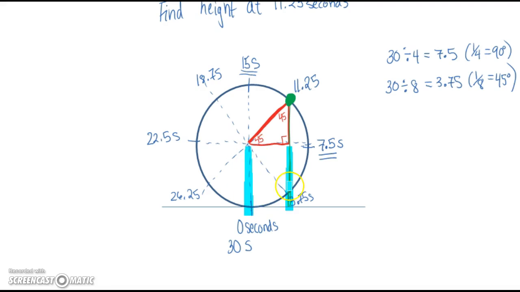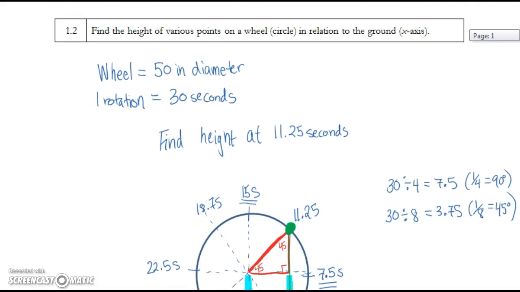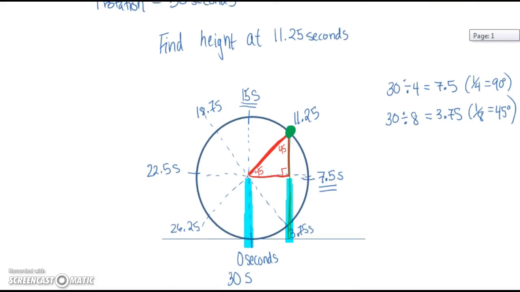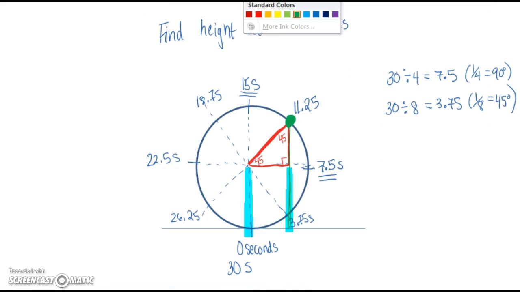We really have a rectangle down here, and we know that the radius, let's go back, what did we just say? The radius is 25 inches because the diameter is 50 inches. So we are going to label our radius with 25 inches.